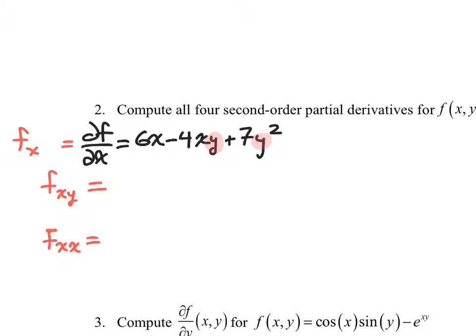The derivative of this, that y, has an understood exponent of 1. Power multiplied by coefficient. My coefficient now is negative 4x. So 1 times negative 4x is negative 4x. Y to the 0th power. Okay, well, y to the 0th is 1, so ignore it.